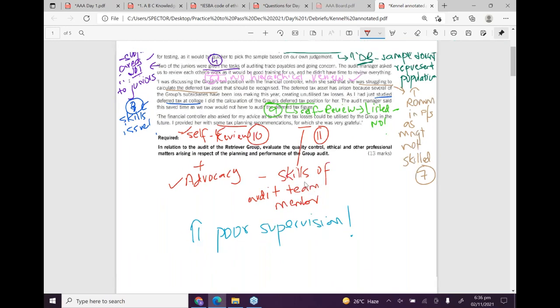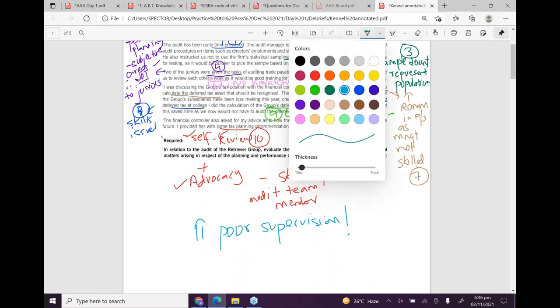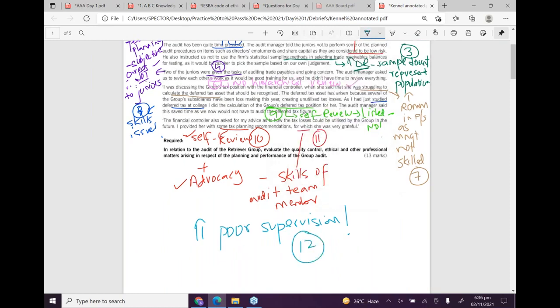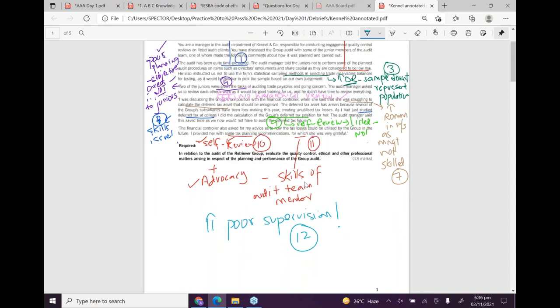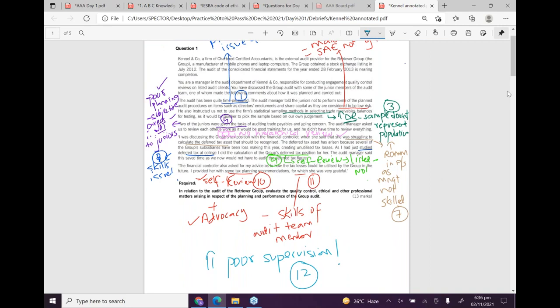And then based on the entire question above, was the partner sleeping? How come all of that was happening without the partner taking action? So you get 1 mark for explaining that all of this is indicative of poor supervision on the partner's end. Remember, supervision is the partner's responsibility. He can delegate it to the manager or supervisor, but ultimately it is still his responsibility.